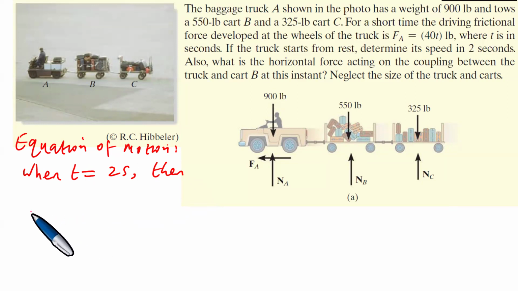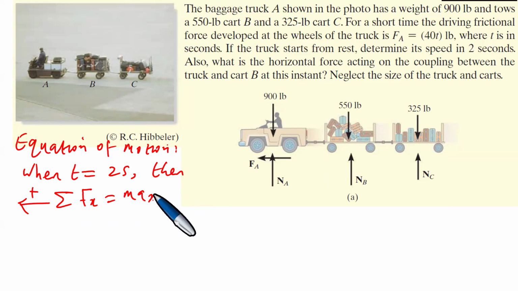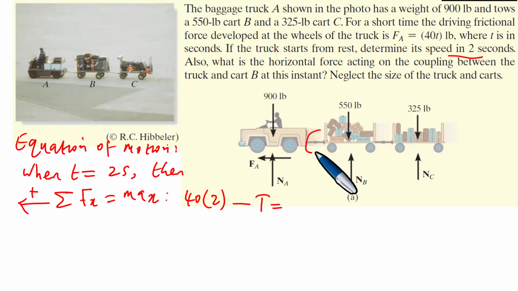Then the summation in that direction is the summation of Fx, which is max, which means you have 40 times 2 minus tension. So the equation of motion now when t equals 2 seconds, because the speed in 2 seconds, we want to get the actual coupling force there. So we want to get the tension.